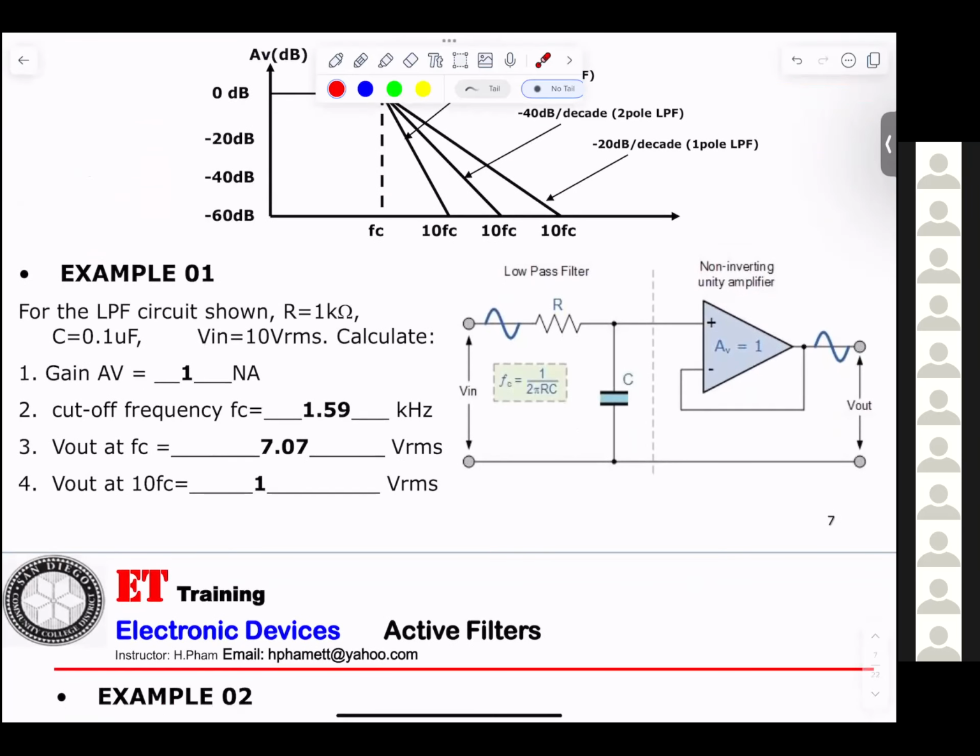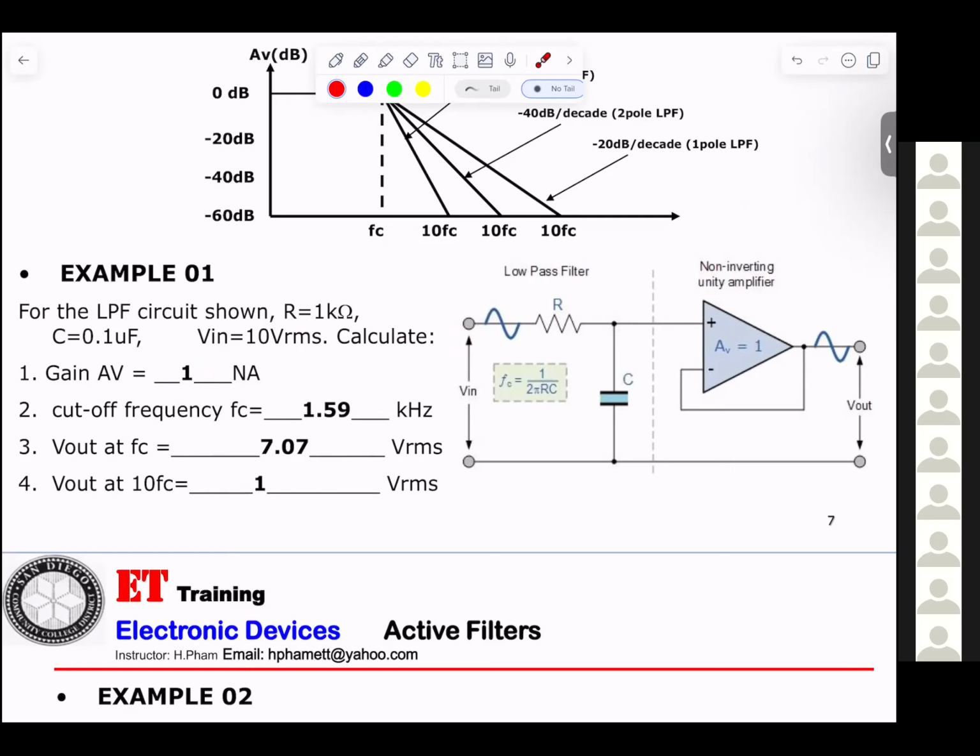So now they give you an example. For the low pass circuit, R is 1K, C will be 0.1 microfarad, V in 10 volt RMS. They want to know the gain. You can see the answer that I already gave you. However, the gain they say equals what? Why does the gain equal 1?